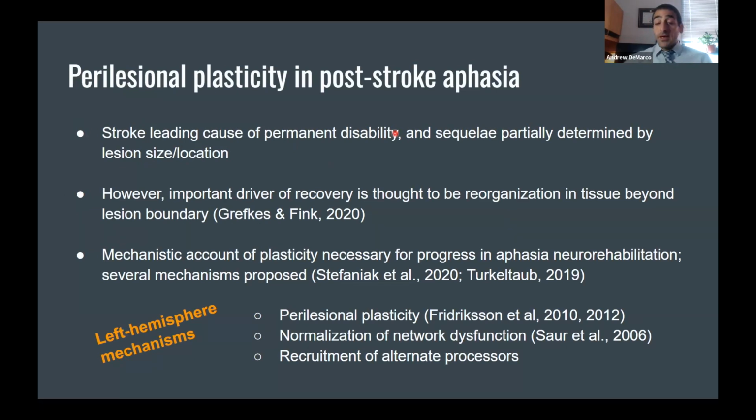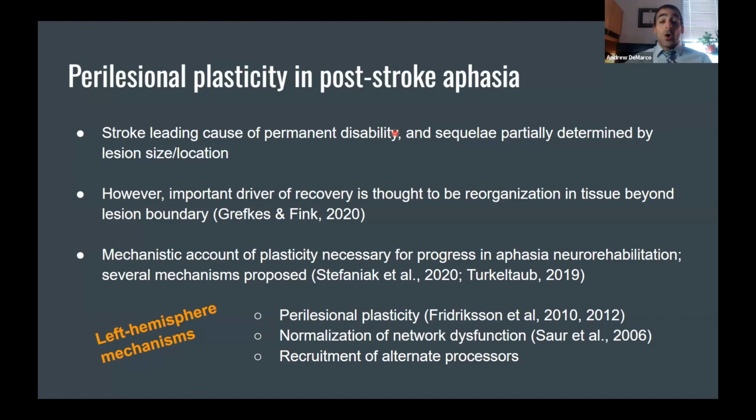But as we all know now and believe strongly, there are things happening outside of the anatomical lesion area that are going to be driving how much recovery we see from person to person. And those things are the things that we really need to understand in order to figure out how we can optimize outcomes and understand what makes somebody get better versus not get better.